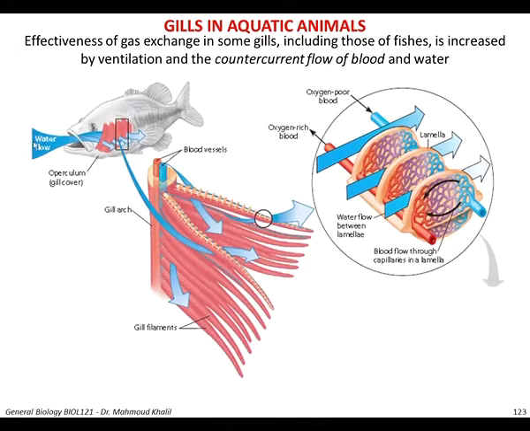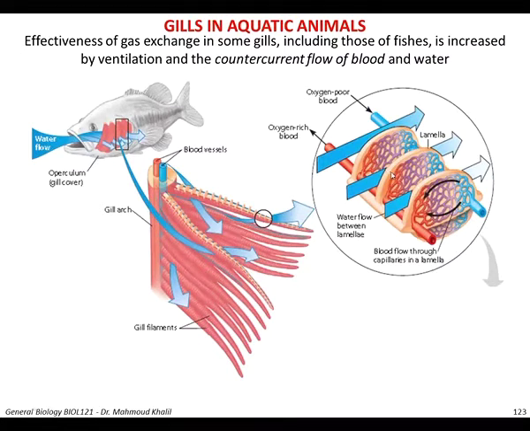Water, of course, is full of oxygen. It flushes the gills of the fish. When you enlarge the gills, you can see that the water moves through the flaps or filaments of the gills. When you further enlarge the region of the gill filament, you can see the blood flow and the water flow, which is shown by blue arrows, flowing in the region that is heavily supplied with blood capillaries.